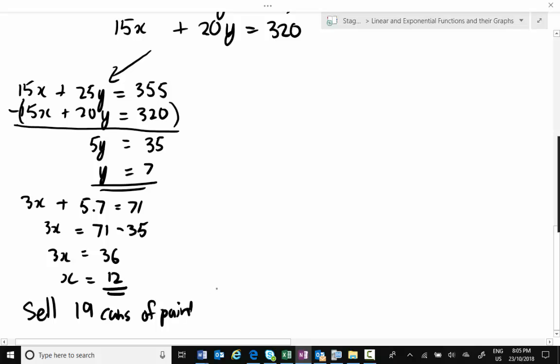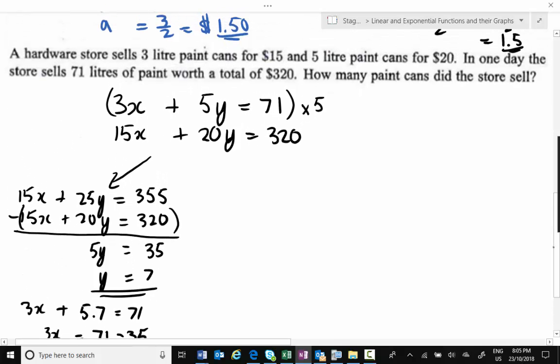Okay, so that's that first technique. Now, the other thing you may have decided to do is not times that one by 5, but you might have decided to cancel the y's. So you might decide to times that by 4. If you did that, let's write this way.